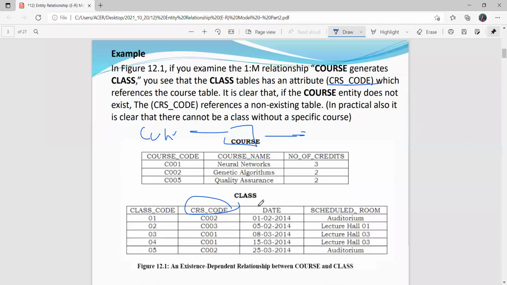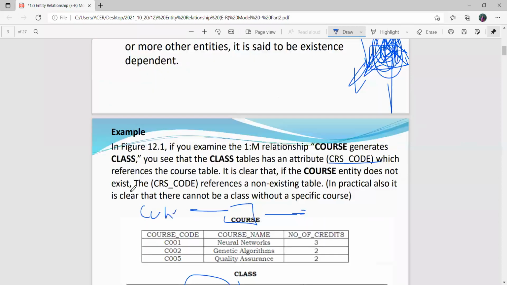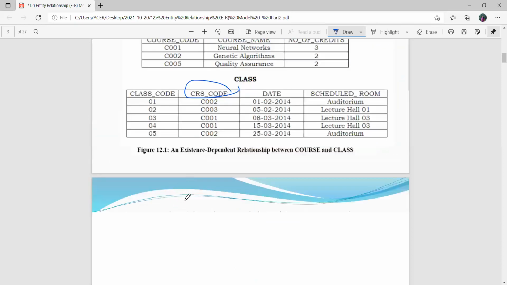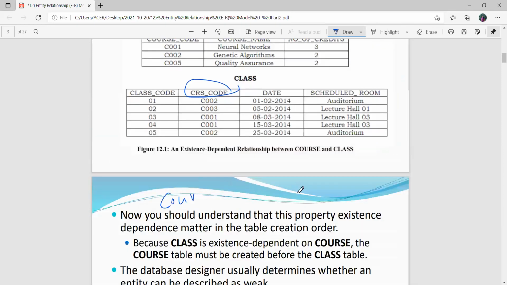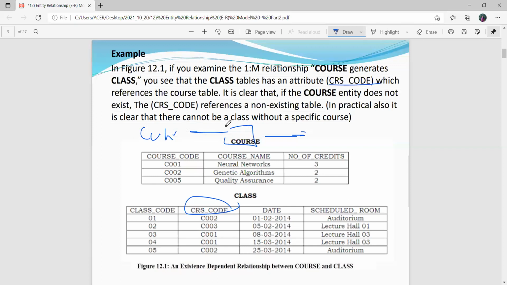It is clear that the class entity does not exist without having this course table. As an example, let's take this course has class. So you can see this course has a primary key. I'm going to draw it in this place.